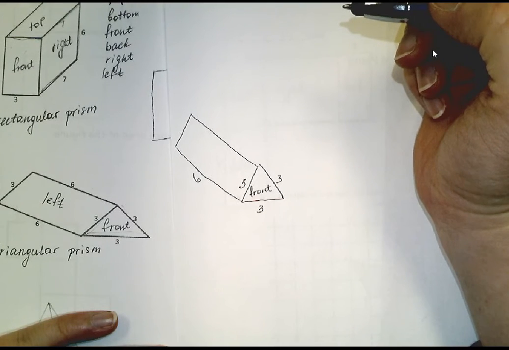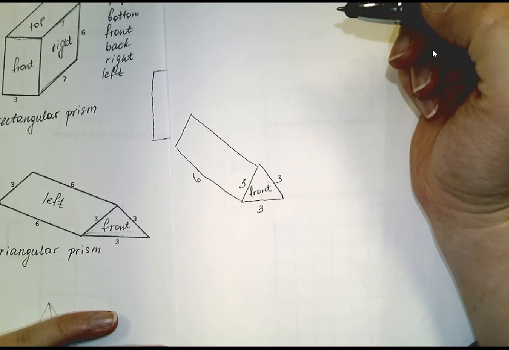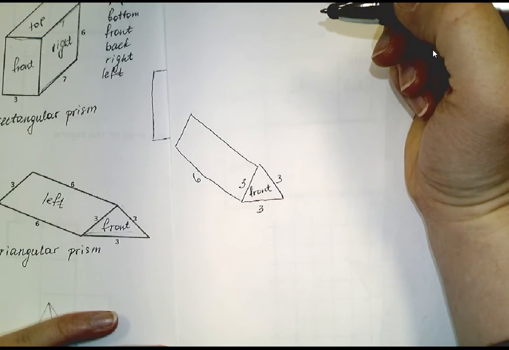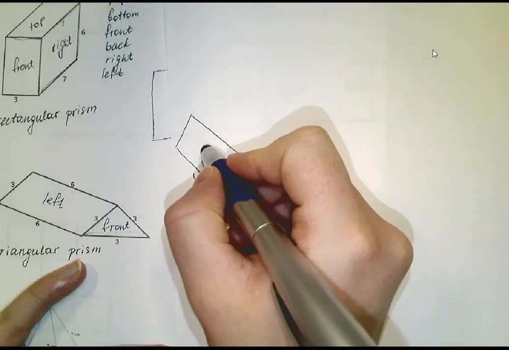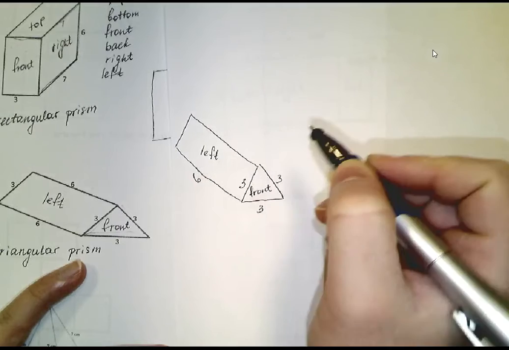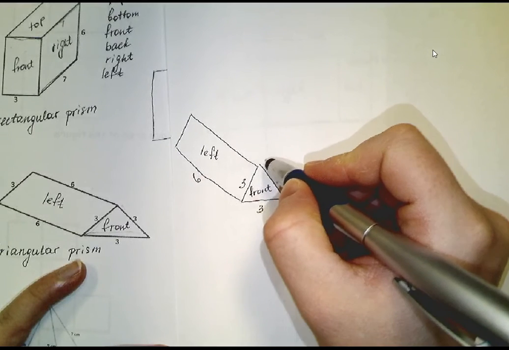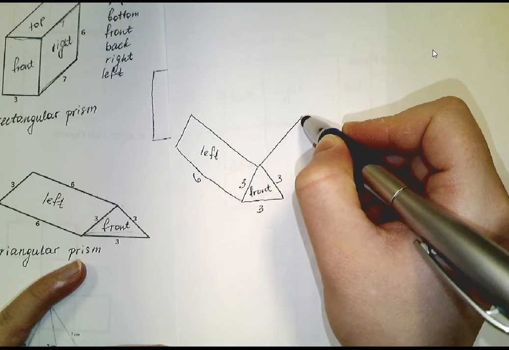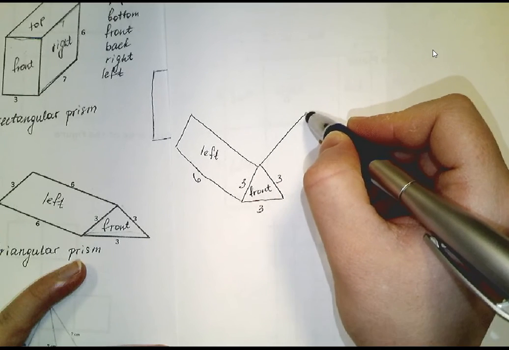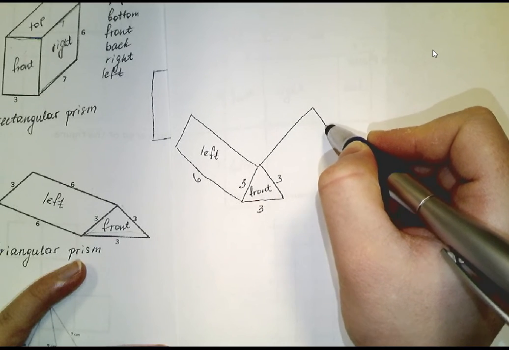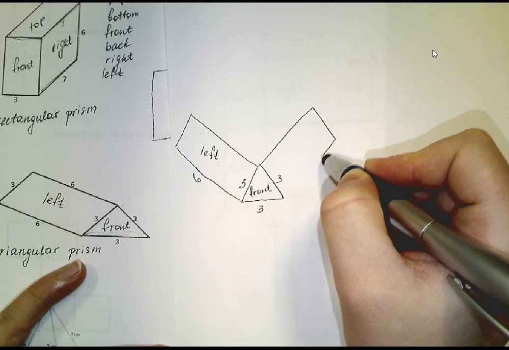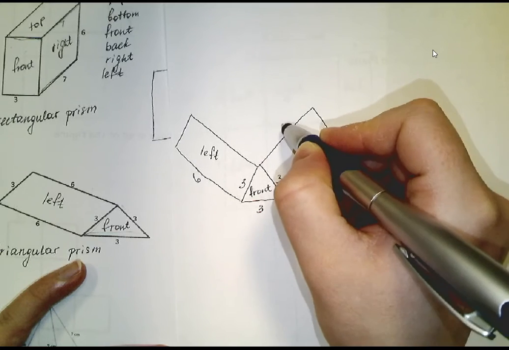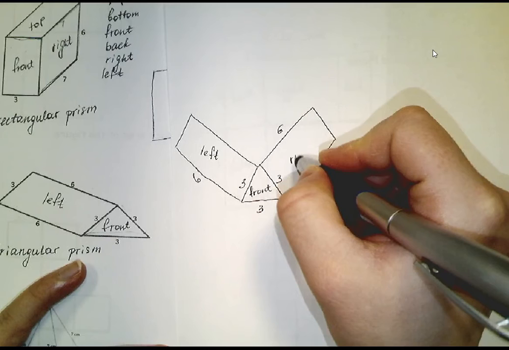And then we have this, which is the left. And then we have the right side as well, the same one with the side of 6. This is the right side.